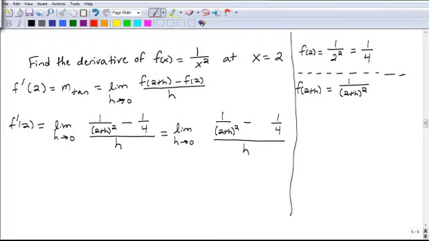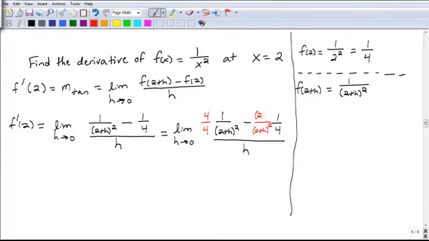Well, to get to the common denominator here, I have to multiply by 4 over 4. You got to multiply by the number 1, otherwise you change what you start with. So now the denominator will be 4 times 2 plus h squared. I just multiply by the number 1. I'm going to do the same thing over here. I need a 2 plus h squared on the bottom.